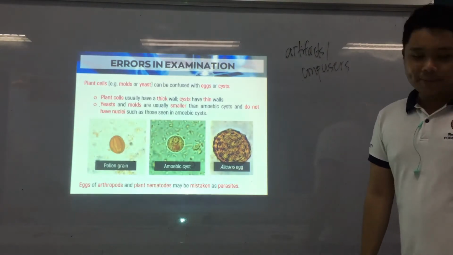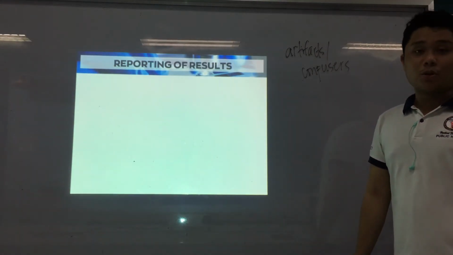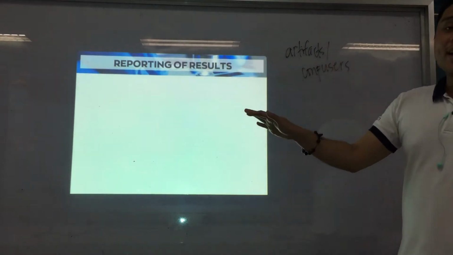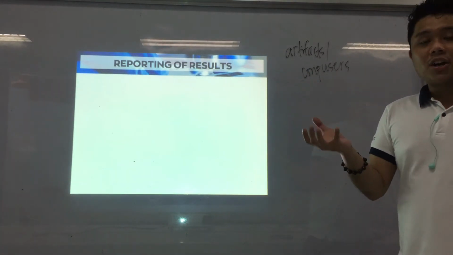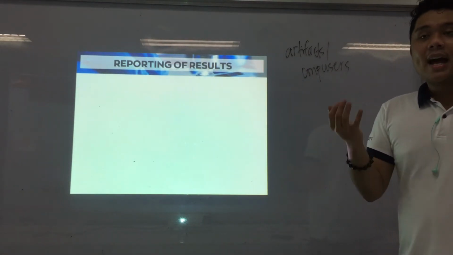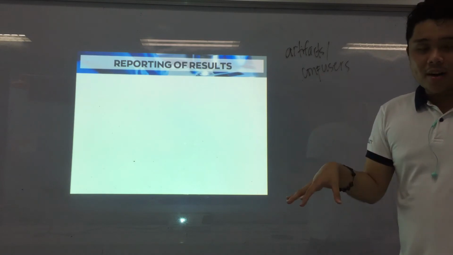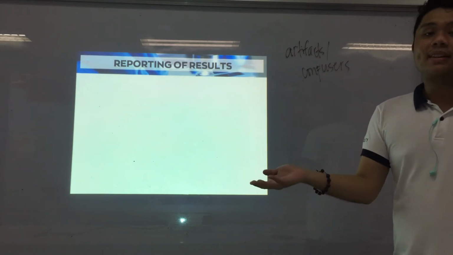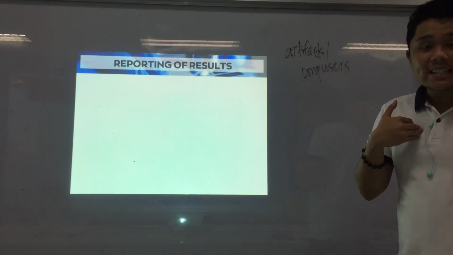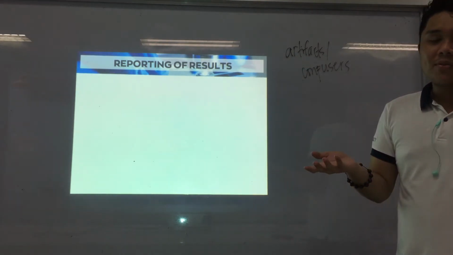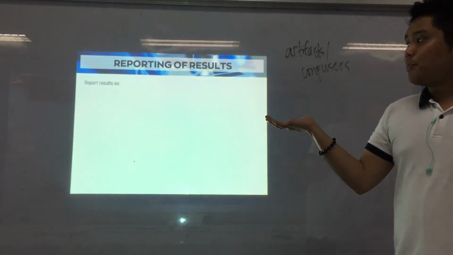Now we go to reporting of results. Generally, when you examine a fecal smear under the microscope, it depends on one laboratory to another. They have their own standard operating procedures. But for our class, under normal face-to-face classes, this is how we report.